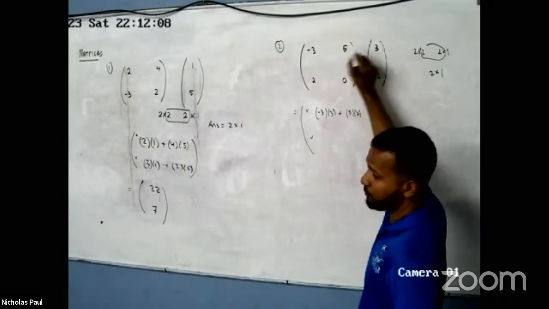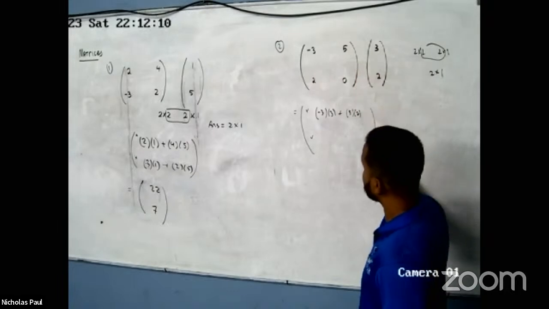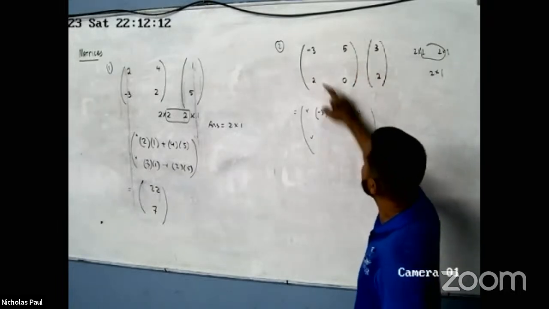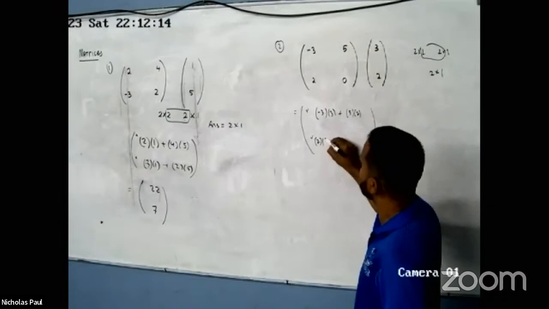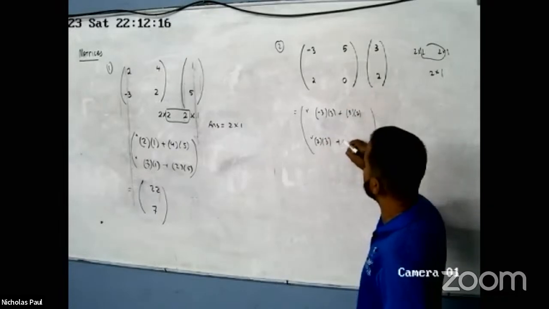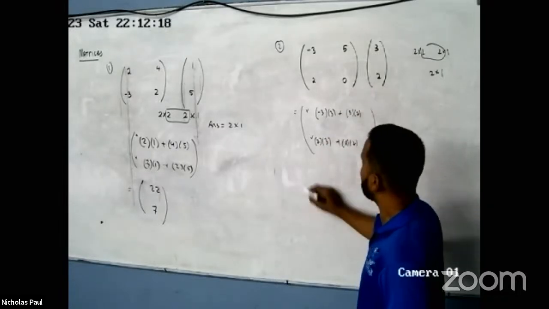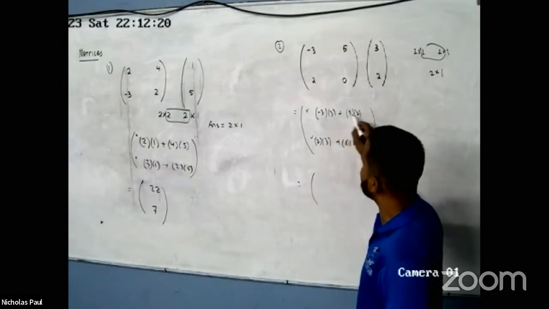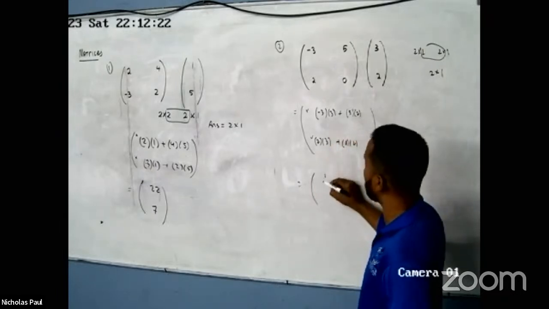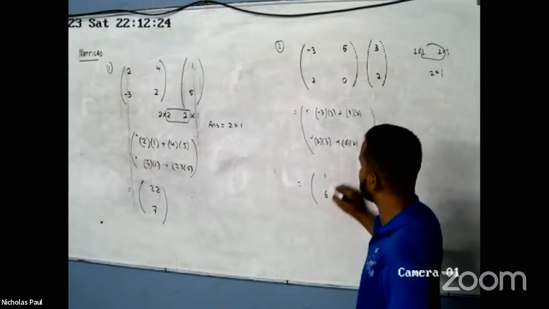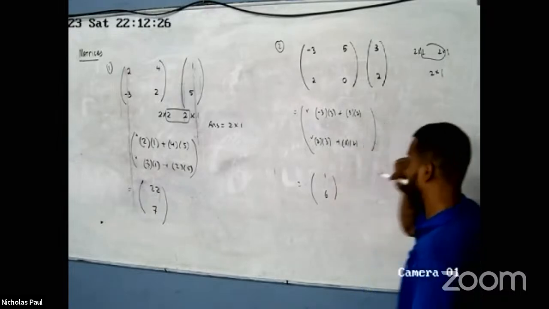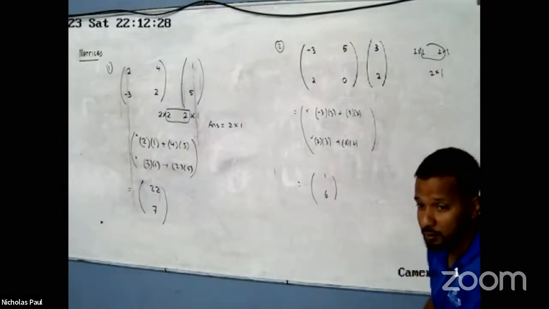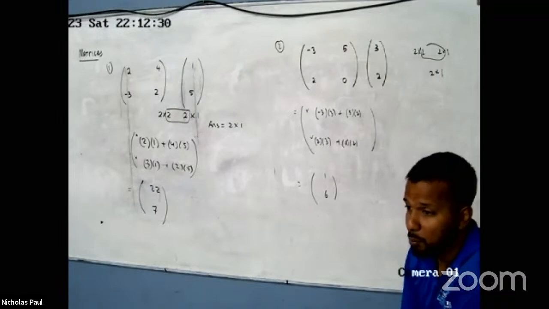Right? So I finish with the first row and first column. Now, second row, 2 by 3, 0 by 2. Okay? So that'll be minus 9 plus 10, which is 1, 6 plus 0, which is 6.